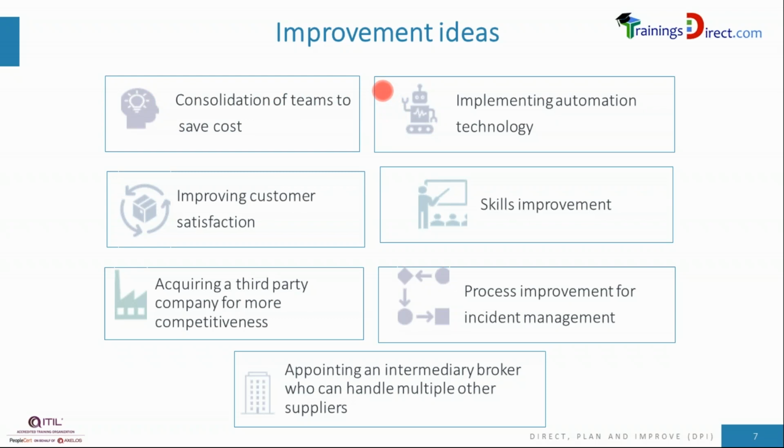Implementing automation technology. Skills improvement. Improving customer satisfaction. Acquiring a third-party company for more competitiveness. Process improvement for incident management as part of the incident management practice. Appointing an intermediary broker who can handle multiple other suppliers. So these are some of the possible improvement ideas.